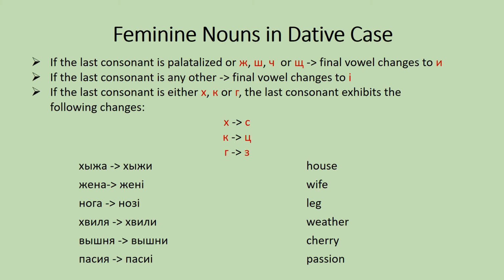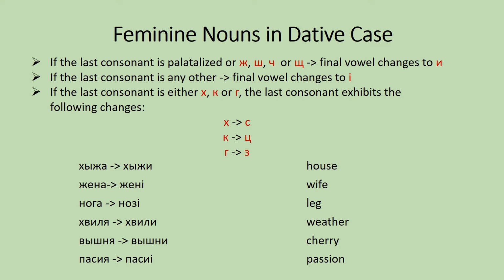Hâja, meaning house, becomes hâjă. Žena, meaning wife, becomes ženi. Noha, meaning leg, becomes noži.